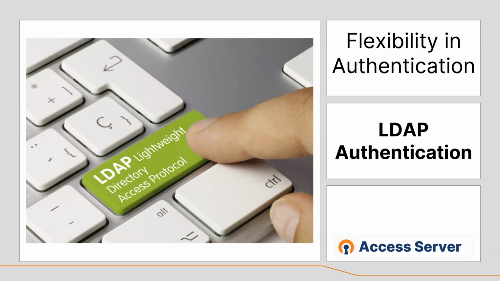The beauty of this method is that it provides a more secure authentication process while centralizing user management. It's all about streamlining operations and ensuring that there is a single reliable source of truth for your user data. You're going to see in a second how to turn on LDAP authentication on Access Server and configure it. It's pretty simple.